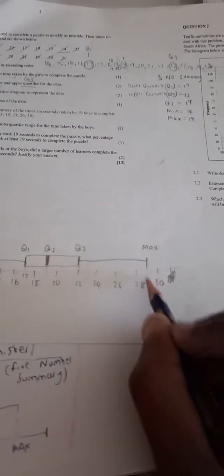And you can see clearly, 29 is my maximum, 22 is my Q3, 19 is my Q2, Q1 is my 17, minimum is my 14. You see? I hope you guys understand this.